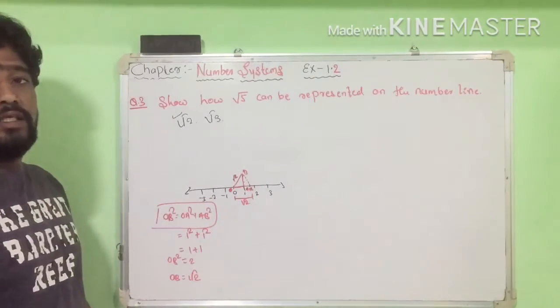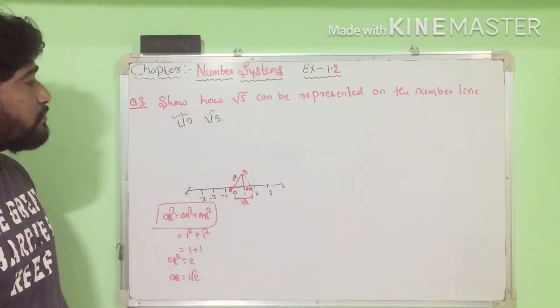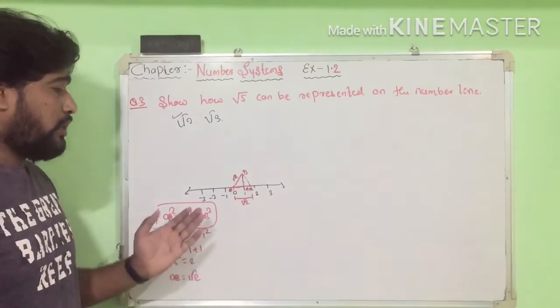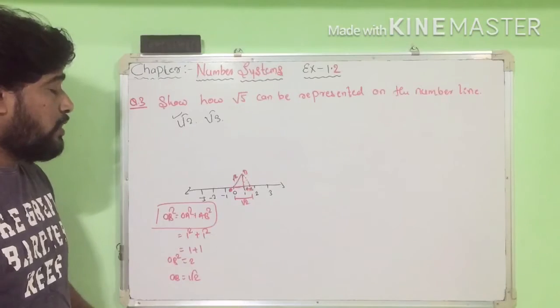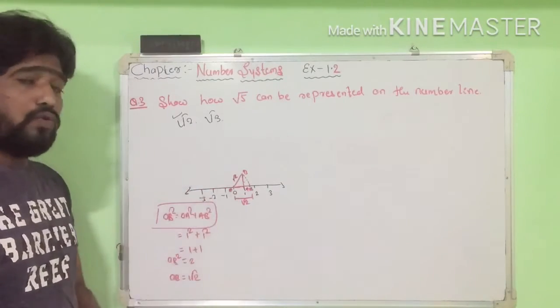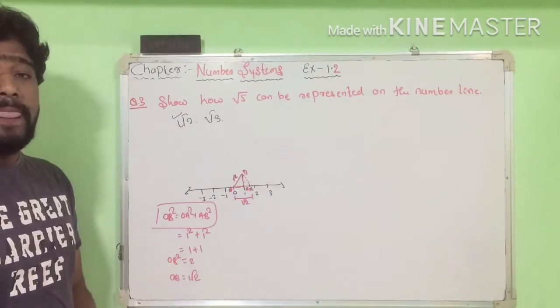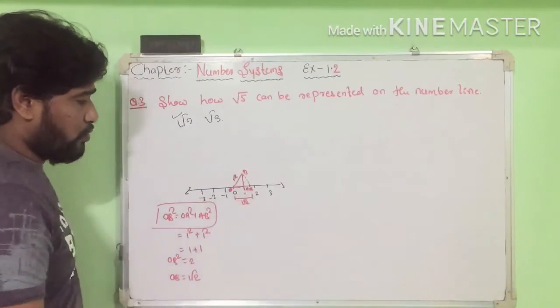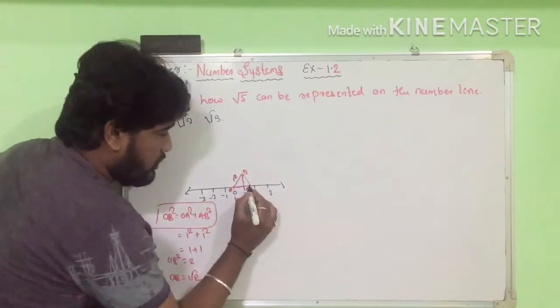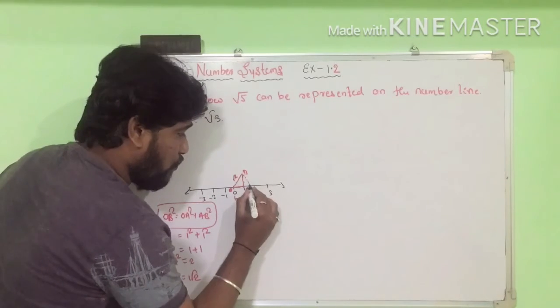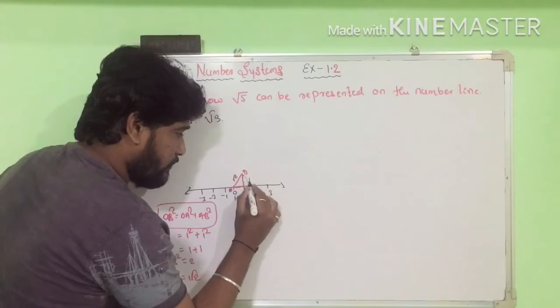Is it clear? So next we will draw root 3 on a number line. We have to draw root 3. It means before that we want to draw root 2. Using that root 2, we will draw root 3. So here is root 2, right? This distance here is root 2. So here we want to draw a 1 unit perpendicular line.